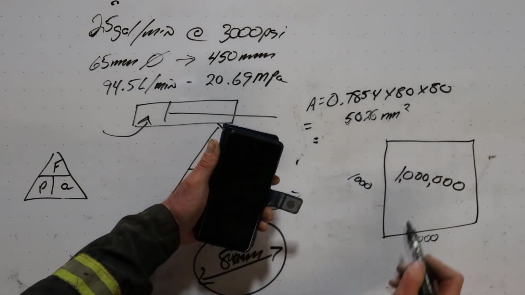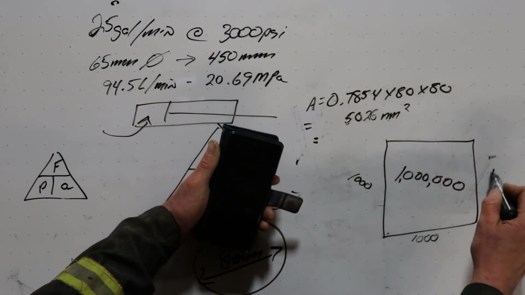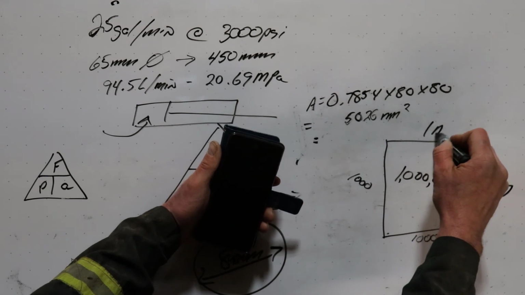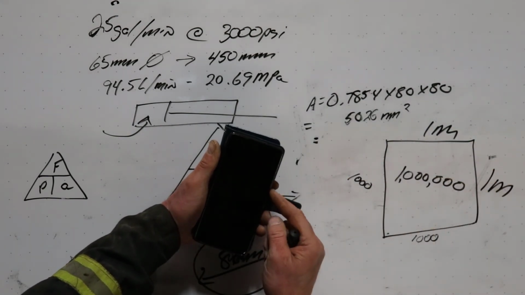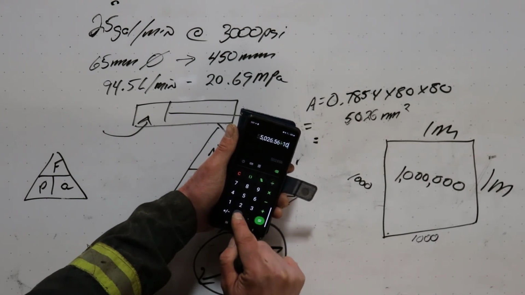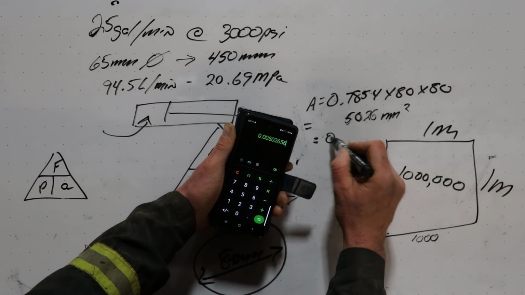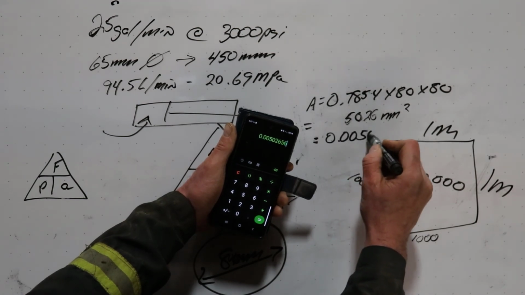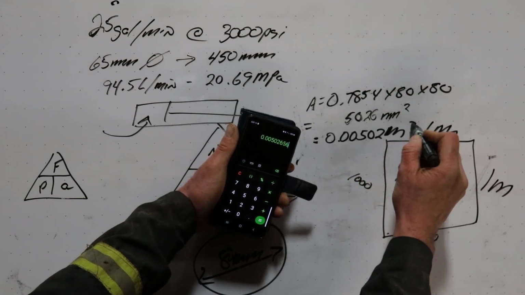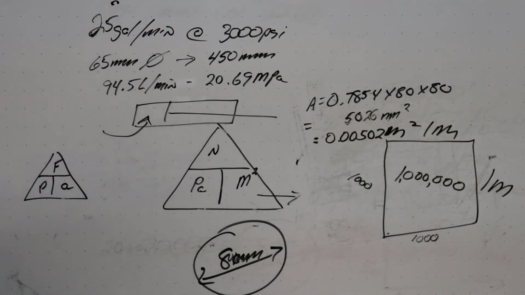There's 1 million square millimeters in every square meter. So I divide that by 1 million. 0.00502 meters squared. Same number we had before. 3 different ways to get to the same spot.